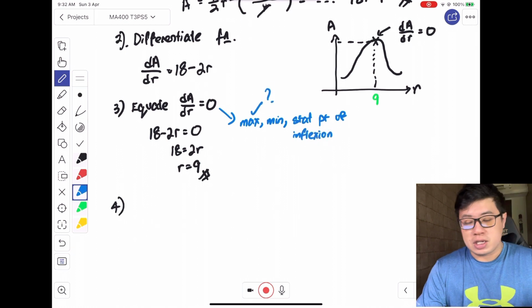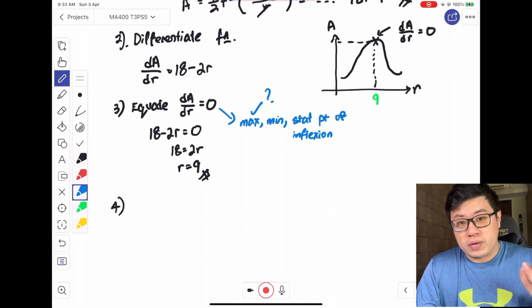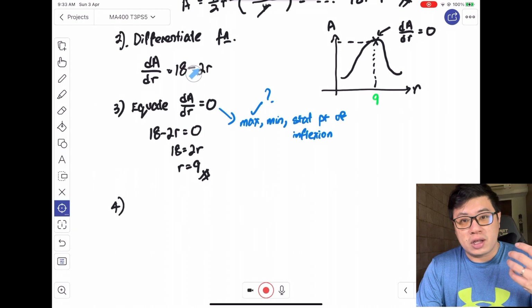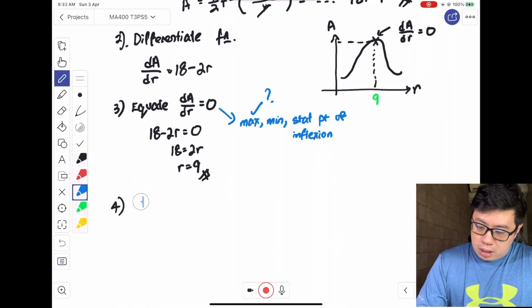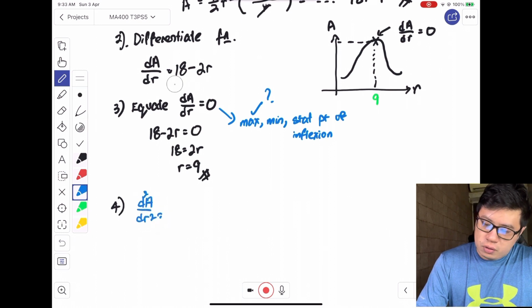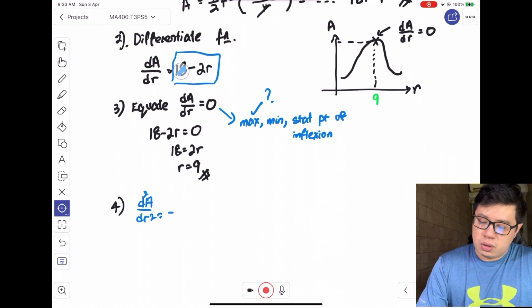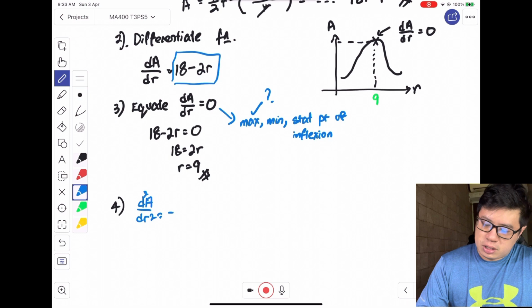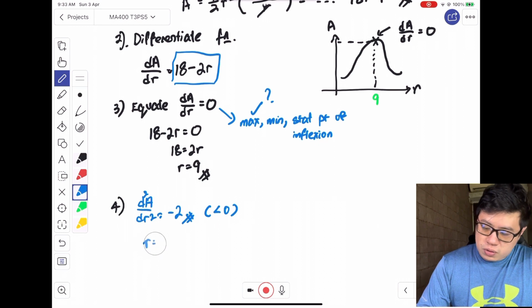One easy way is the second derivative test because you can just differentiate a second time. d2A dr squared: differentiating 18 gives 0, differentiating negative 2r gives negative 2. This is less than 0, therefore r equals 9 gives you the maximum area.